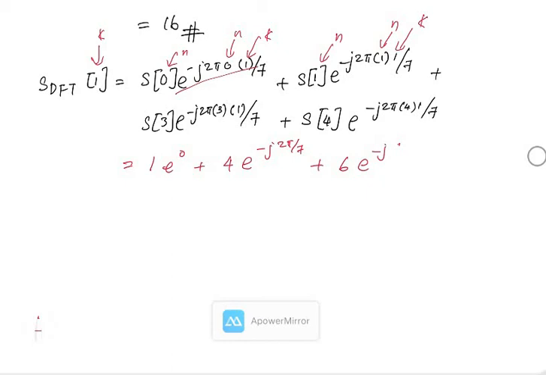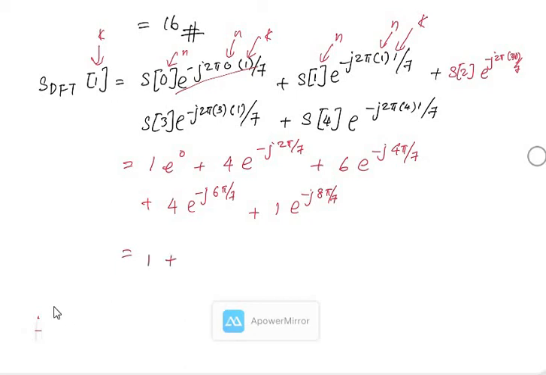I missed out my x2. x2 exponent minus j 2 pi times 1 over 7. So it's 4 pi over 7. And then plus x3 is 4 exponent minus j 6 pi over 7. Plus x4 is 1 exponent minus j 8 pi over 7.